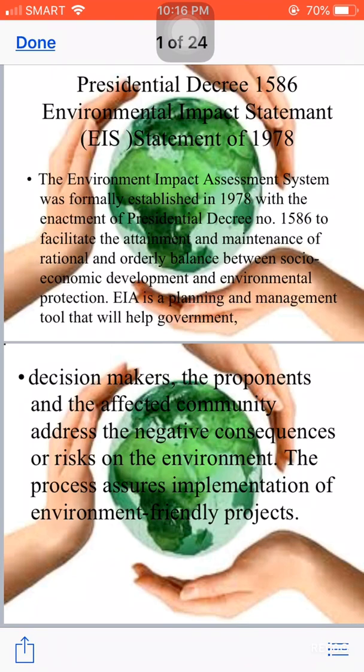EIA is a planning and management tool that will help government decision makers, the proponent, and the affected community address the negative consequences or risks on the environment. That process assures implementation of environment-friendly projects.